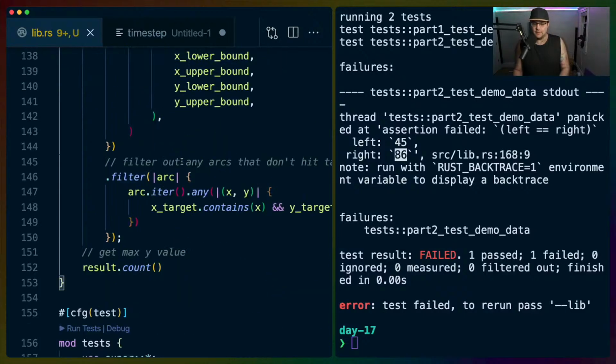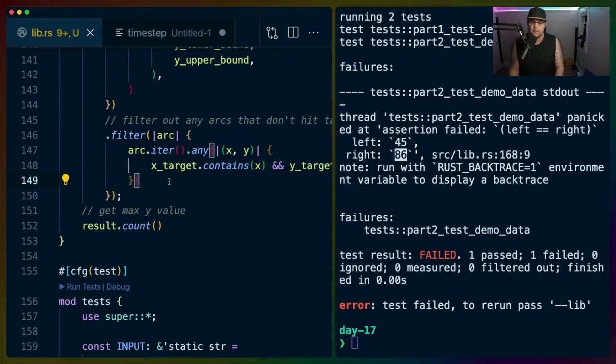Maybe we print these all out and I compare and see which ones we're missing.